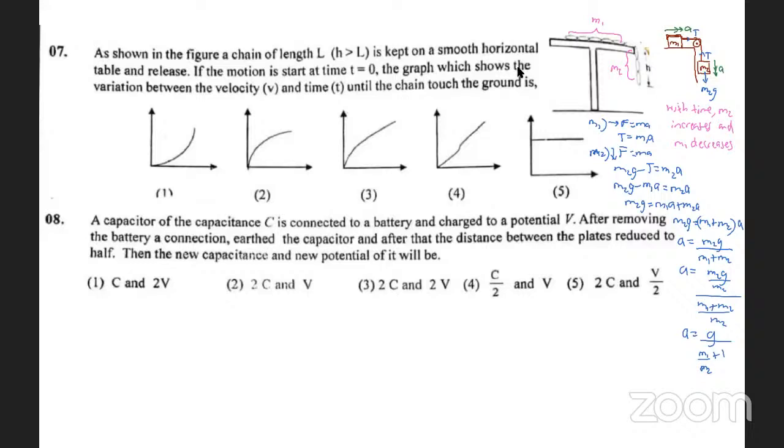Now this is the final equation for acceleration. What is happening to m1 and m2 with time? m2 increases, m1 decreases.